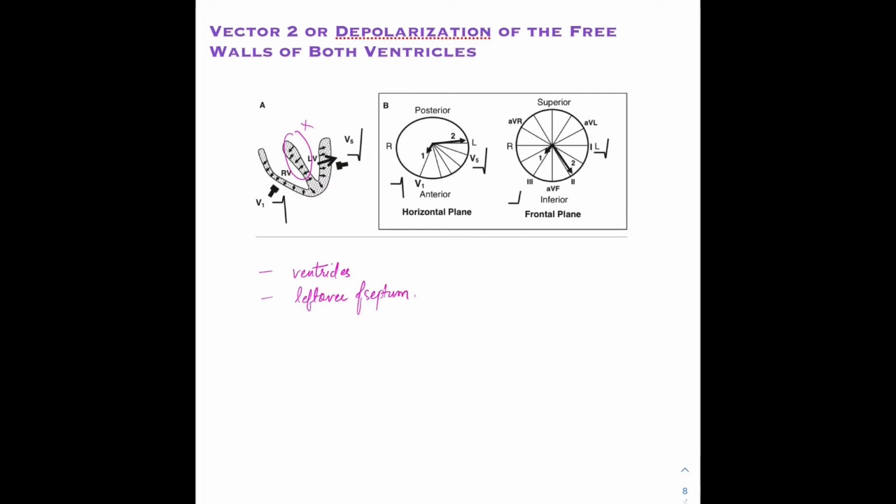But because the left ventricle is thicker than the right ventricle, there is some remaining portion of the left ventricle which is able to generate a net vector. So the left ventricle contributes to that.